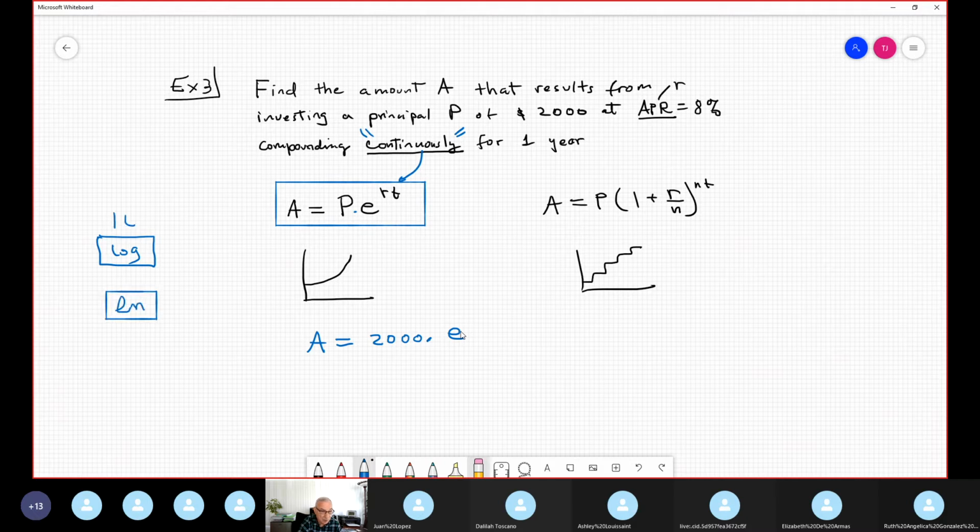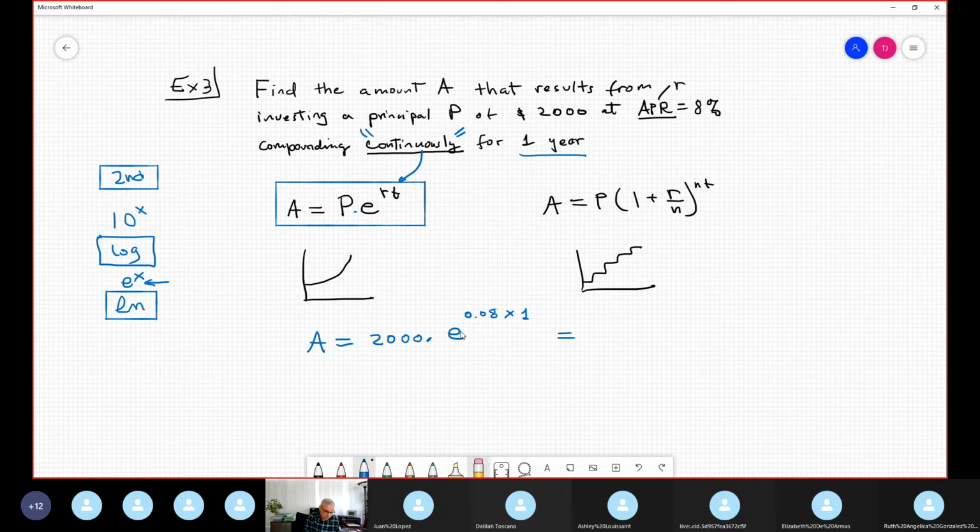Associated with log is 10 to the x, and e to the x is the exponential associated with the natural logarithm. So this e is this. So we use this function, and you select this function by pressing the second key first. I don't know if your calculator is blue or yellow or another color. So in the exponent I put APR times time, RT: 0.08 multiplication by time, which is 1 year.